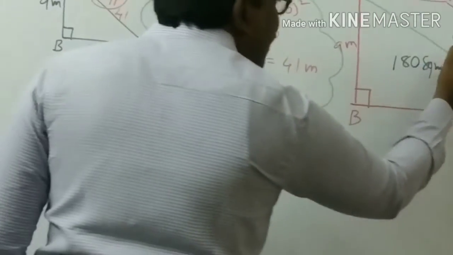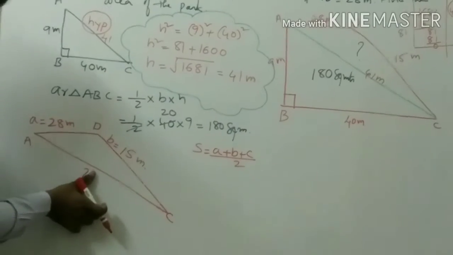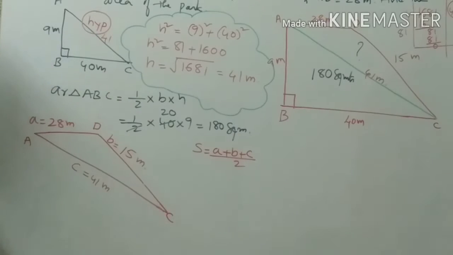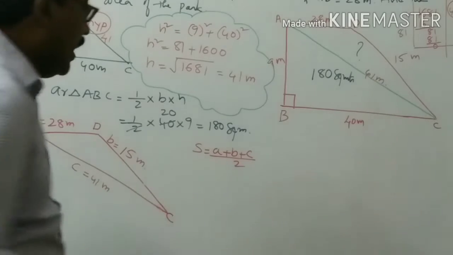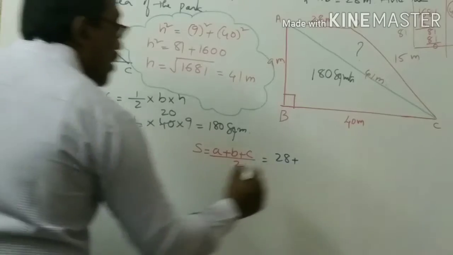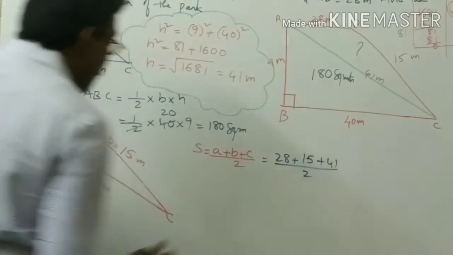So what is this side? 41 meters we got it. And of course now C is equal to 41 meters. Now I am finding A plus B plus C by 2. S is equal to 28 plus 15 plus 41 by 2.